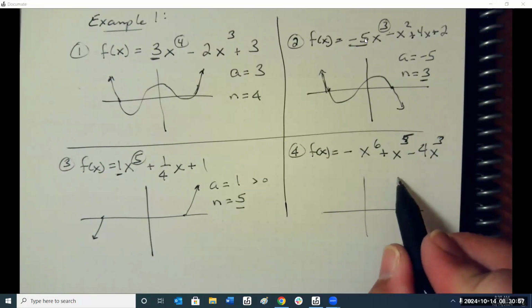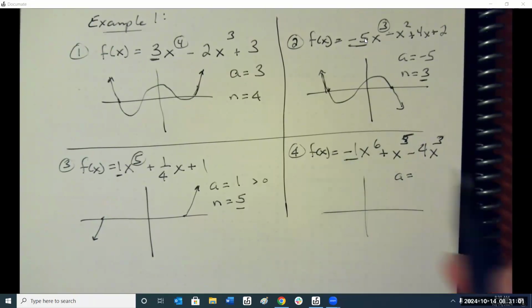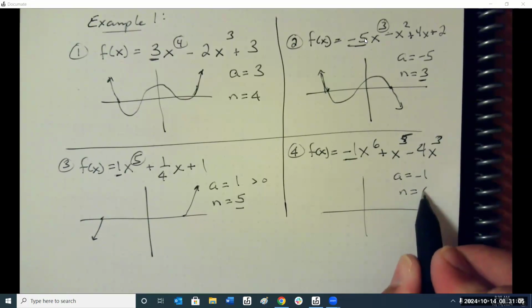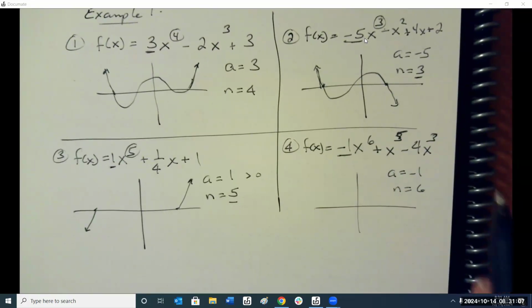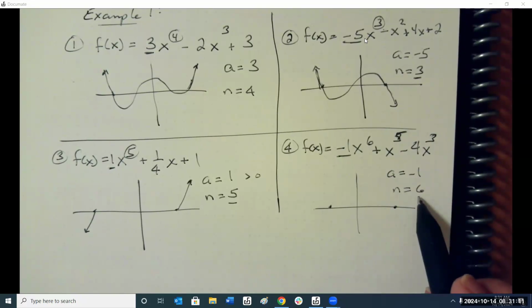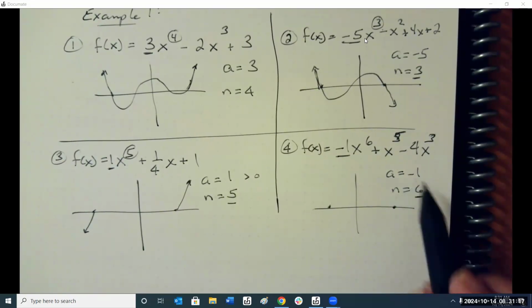And the last one, A is negative 1, N is 6. So all we know for sure is at the ends, since it's an even degree, they both point the same direction and they both point down.